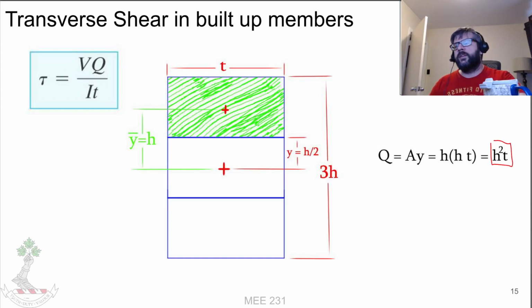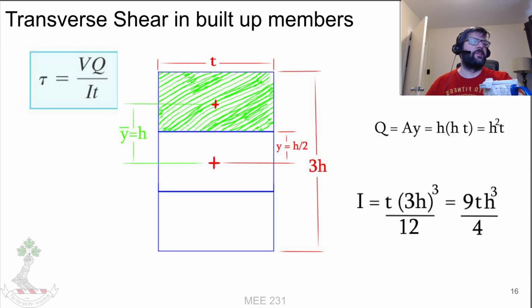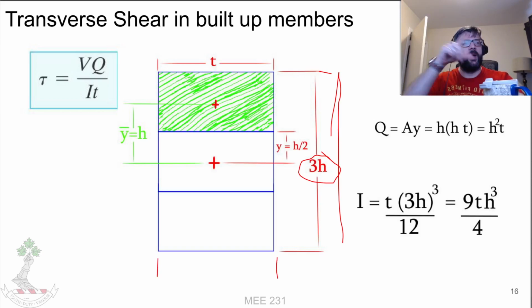Now we need our I. We talked about how for rectangular cross sections, I is the base times the height cubed over 12. In this instance, you use the overall height. So t is our base, and 3h is the height of the overall cross section.